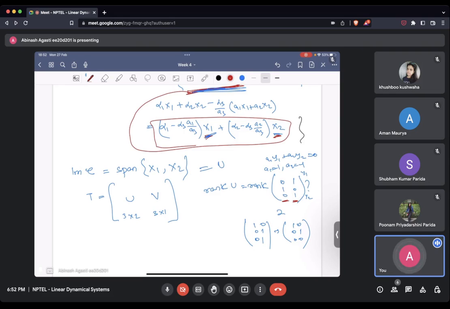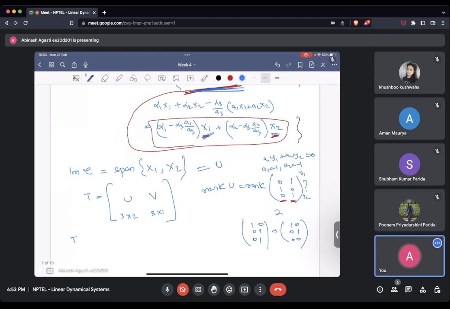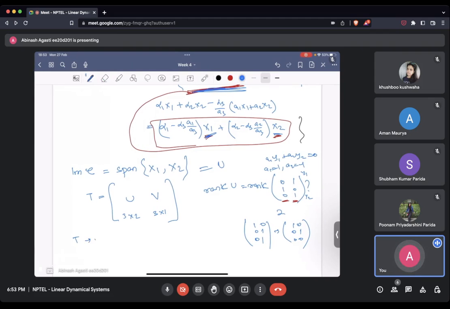The number of independent columns or the number of independent rows is a more basic definition for the rank of a matrix. All right. So T is our transformation matrix. I want T to be invertible. So that means rank of T has to be equal to 3. We know that rank of U is 2.